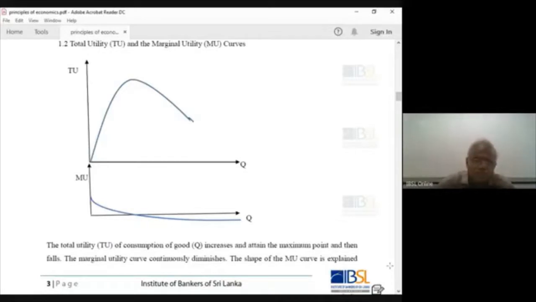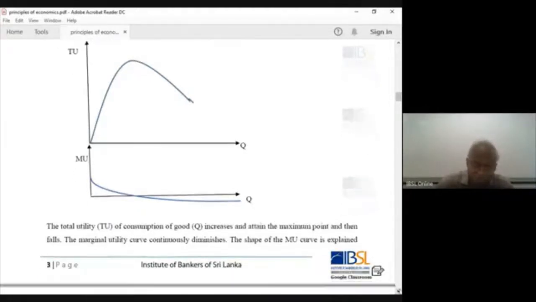The marginal utility curve continuously diminishes. It might increase sometimes, but obviously decreases. In that example, the social event, initially marginal utility might increase, but eventually diminishes, right?